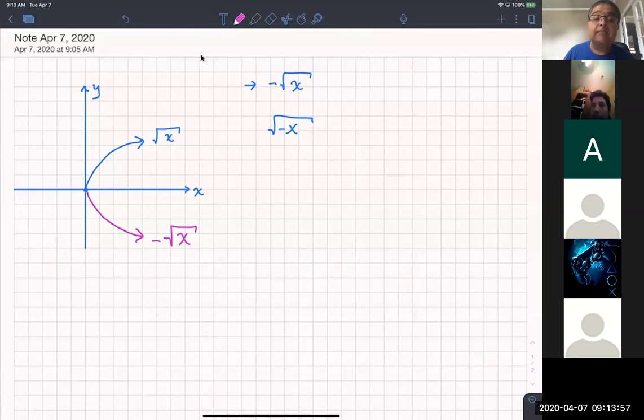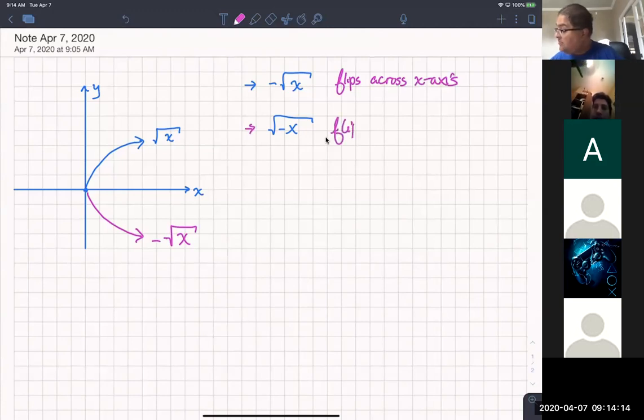Okay. Now, what I was intending to say, so flips across the x-axis. Putting a negative in front of the x flips it across the y-axis.